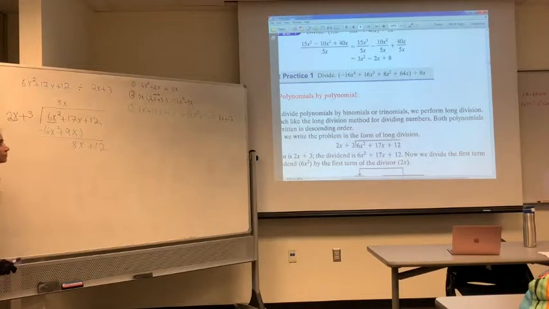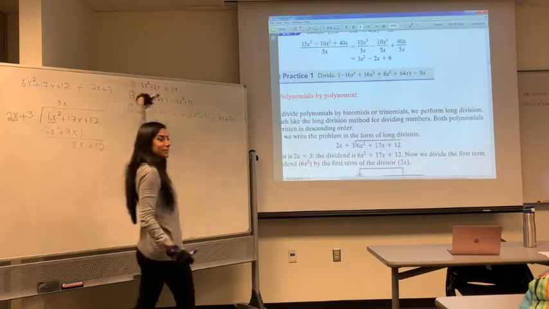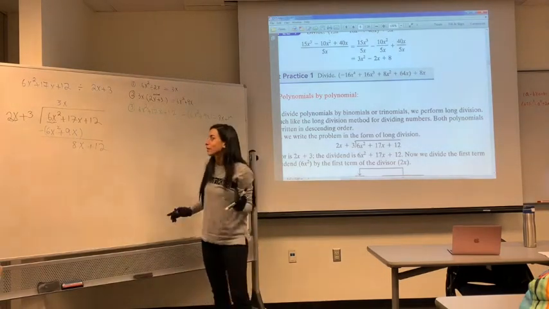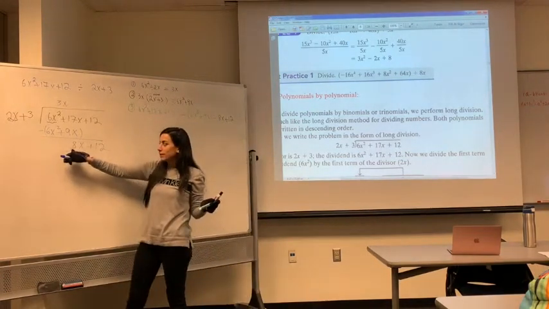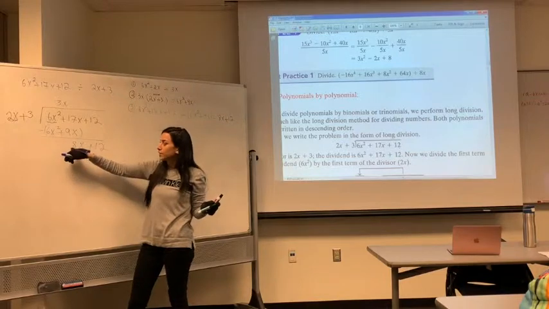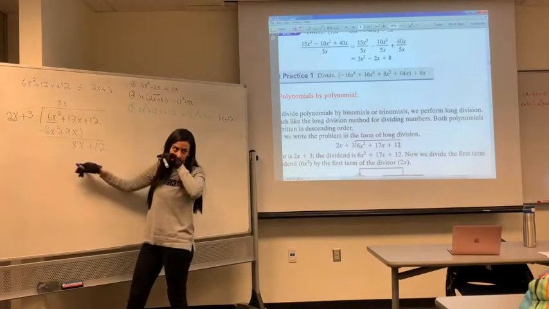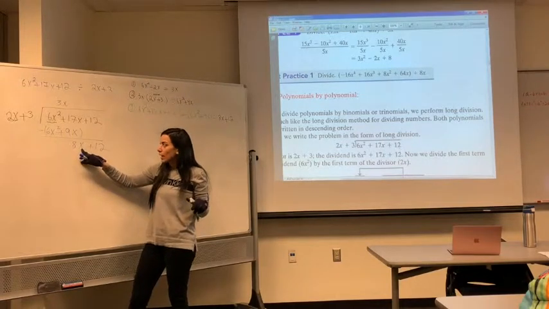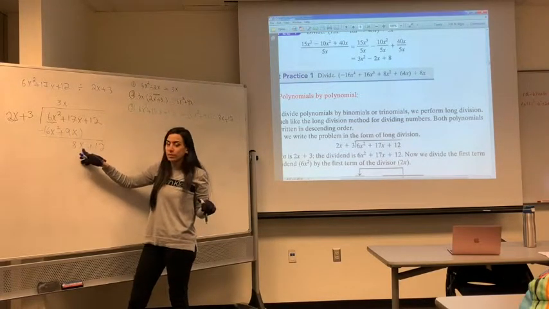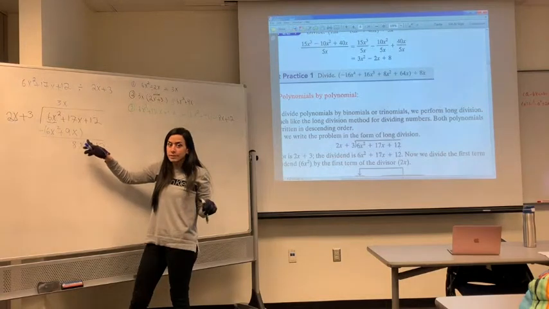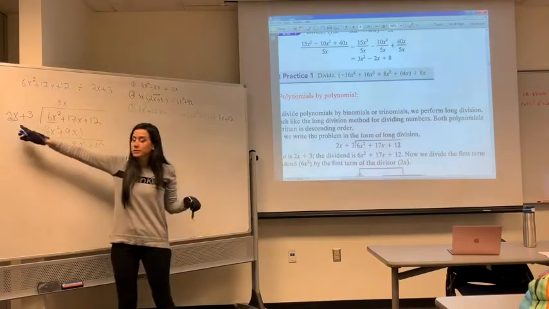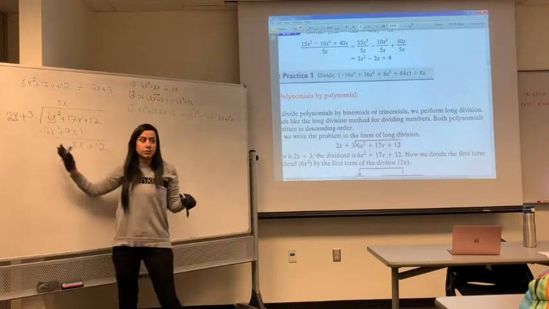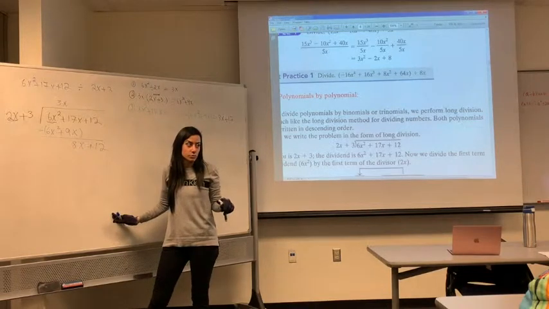So now, we have 3 steps here, okay? If the difference you got here, this expression, has a variable with the same power as the divisor, you still should continue.